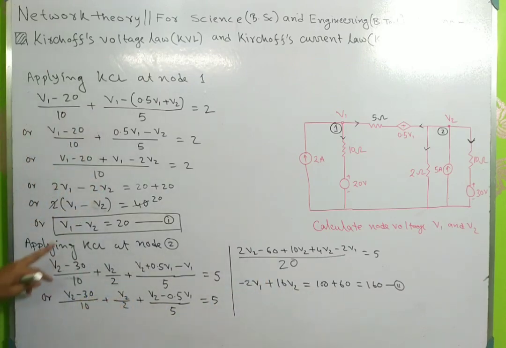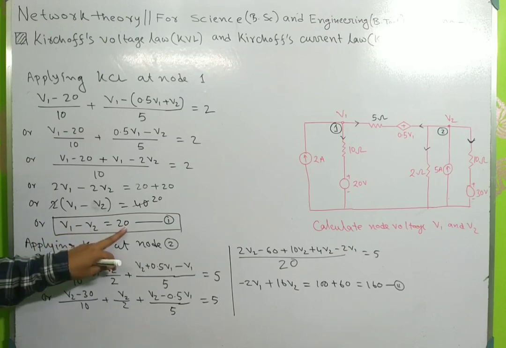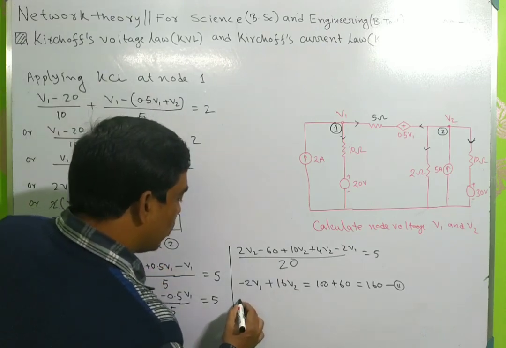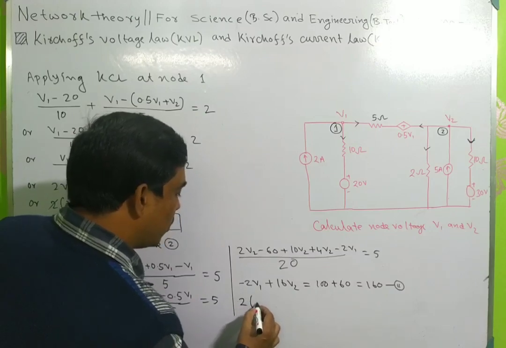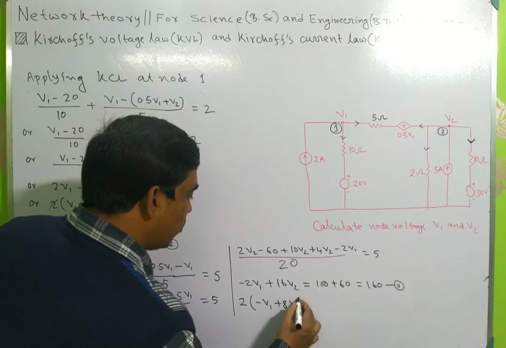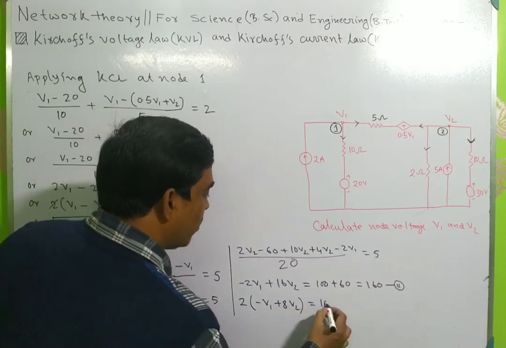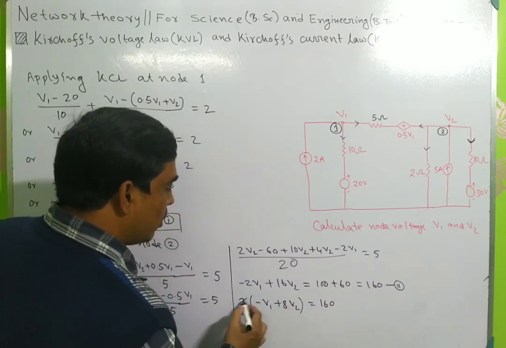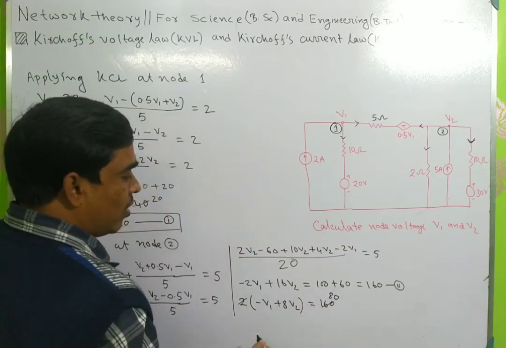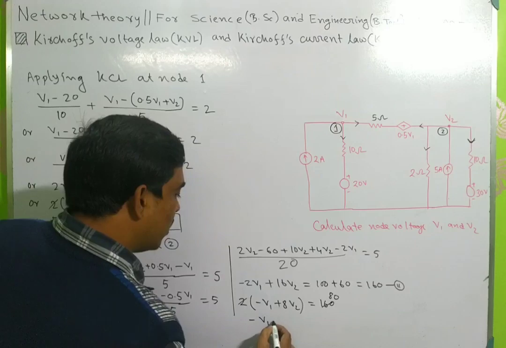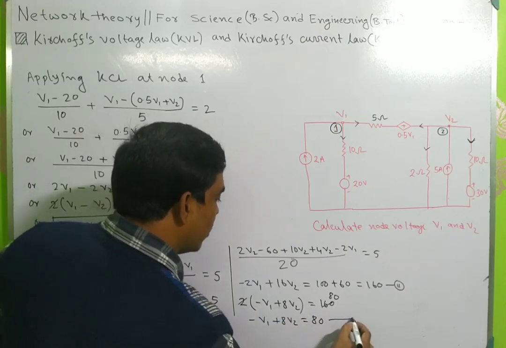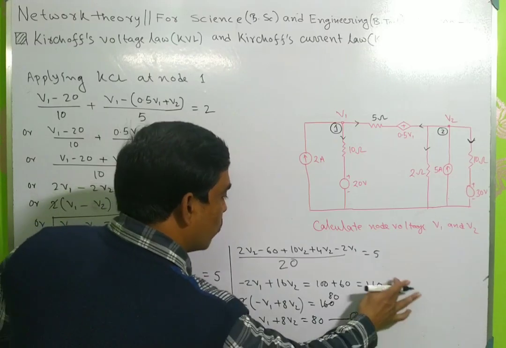If you take 2 common, it will be minus V1 plus 8 V2 equals 160 divided by 2, so it will be 80. So minus V1 plus 8 V2 equals 80. So this is equation number 2.